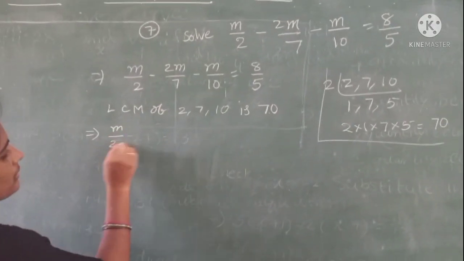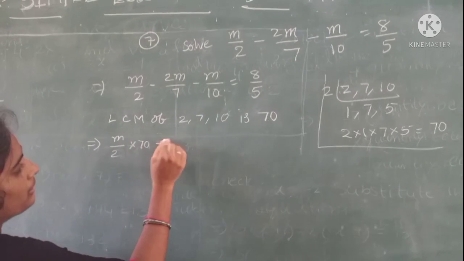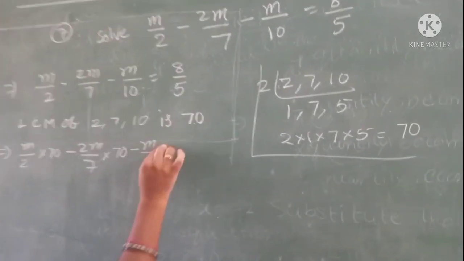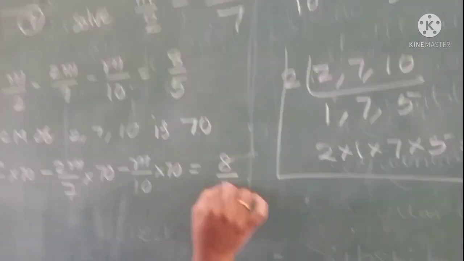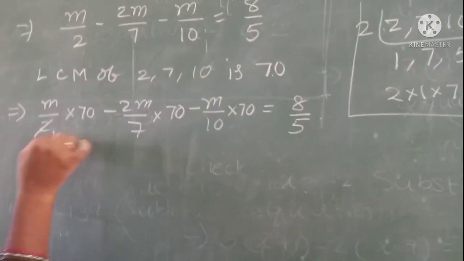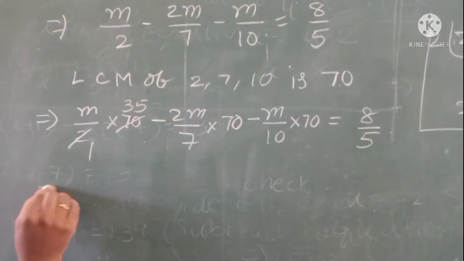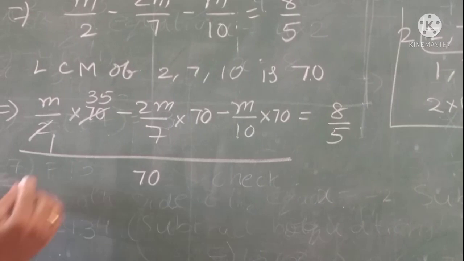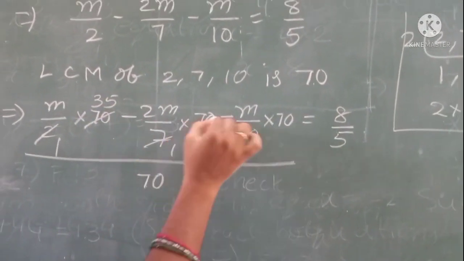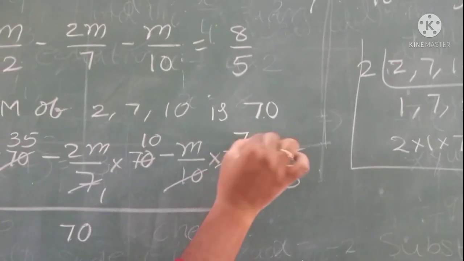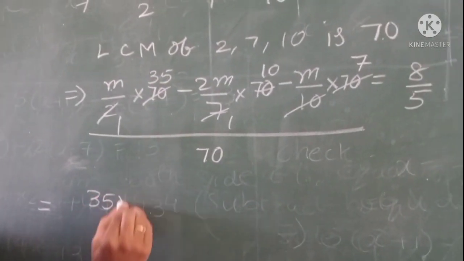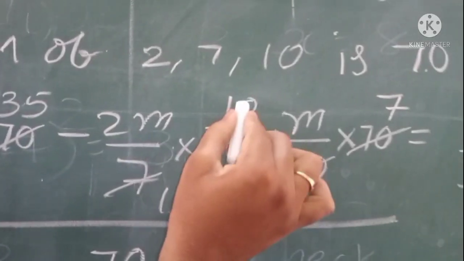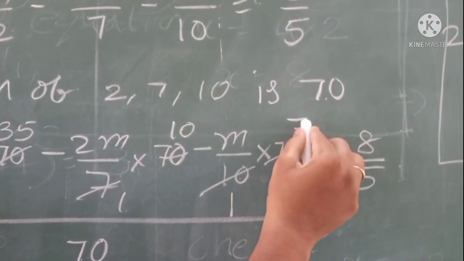m/2 into LCM 70, 2m/7 into LCM 70, m/10 into LCM 70 is equal to 8/5 into 70. 2 ones are 2, 35s are 70. 7 ones are 7, 10s are 70. 10 ones are 10, 7s are 70.